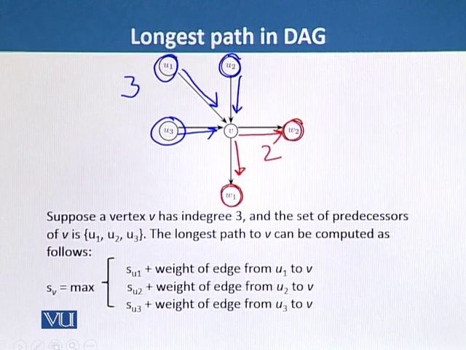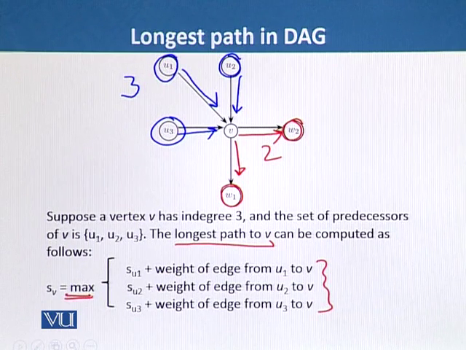If we want to find the longest path to V from source to sink, we have to consider the maximum value out of these 3 computed values.